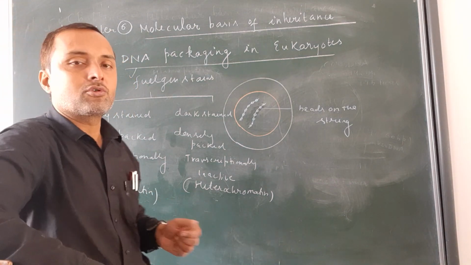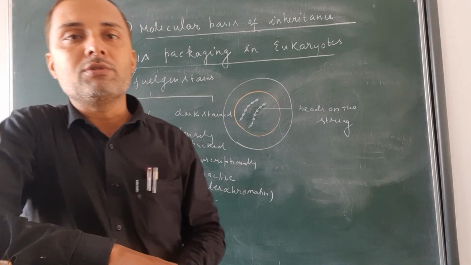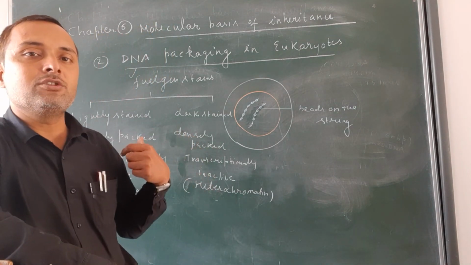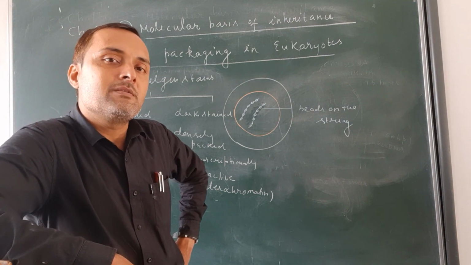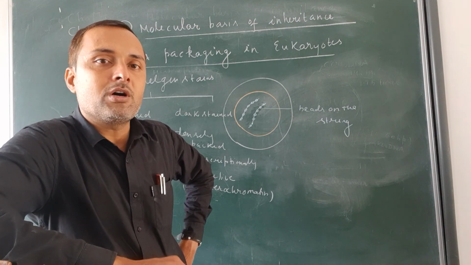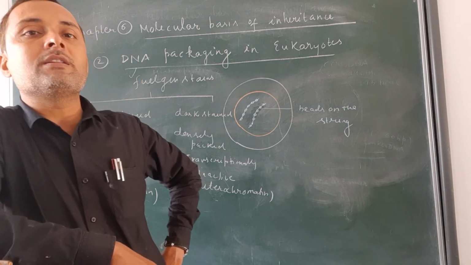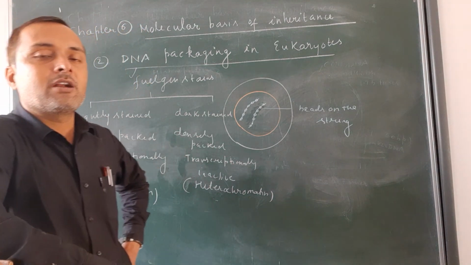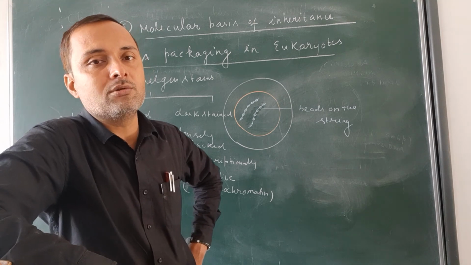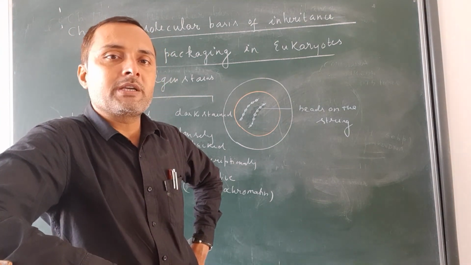This is all about DNA packaging in eukaryotes. In detail, you will find that in prokaryotes DNA packaging is simpler, because non-histone protein is present and the DNA looks like large loops. In eukaryotes, it is coiled around the protein known as histone protein.